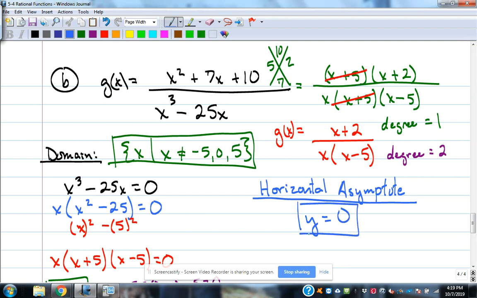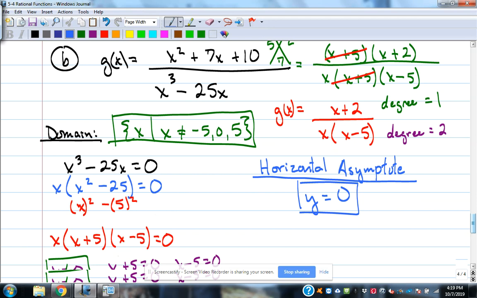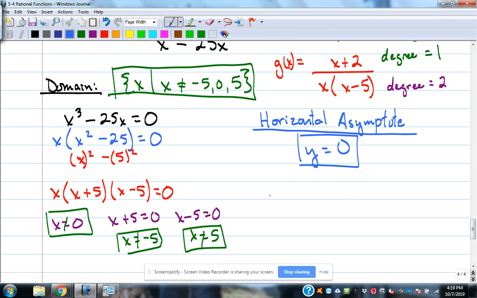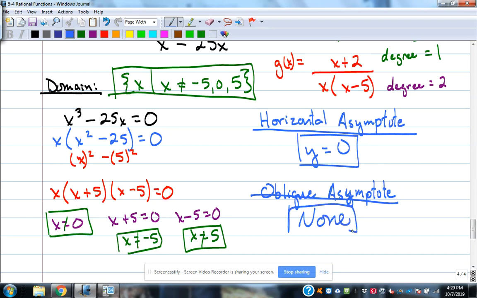Since we have a horizontal asymptote at y equals 0, what do we know about the obliques? There aren't any. And remember, you will never have horizontal and oblique asymptotes both.